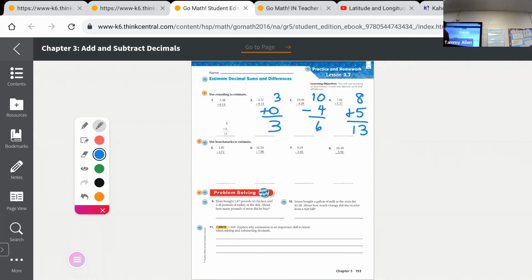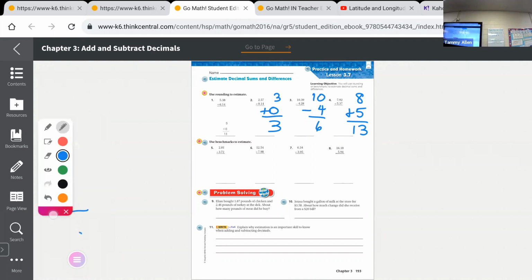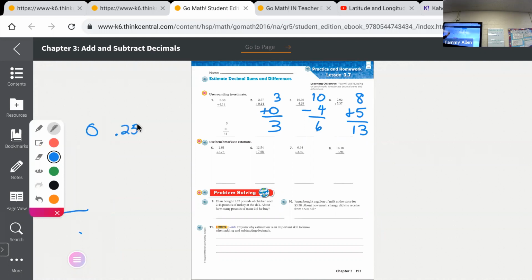All right. So now benchmarks. When we look at benchmarks, we are looking at like 0, 2500, 5000, 7500, or 1. And again, these two are like the next whole numbers on either side. Does that make sense?